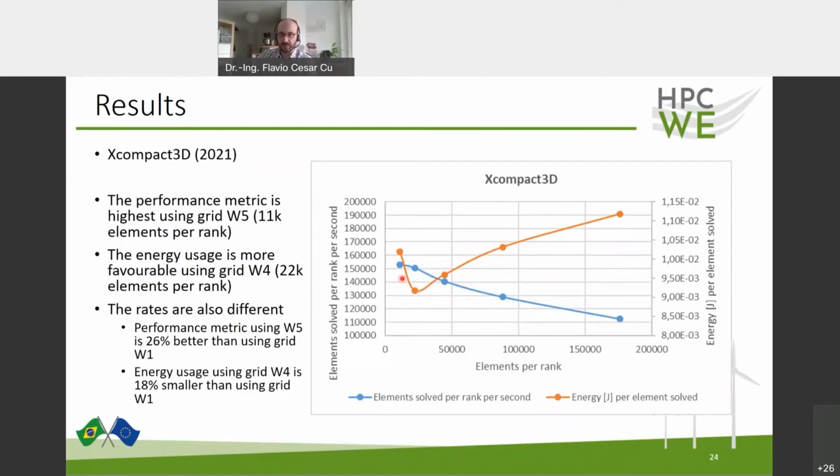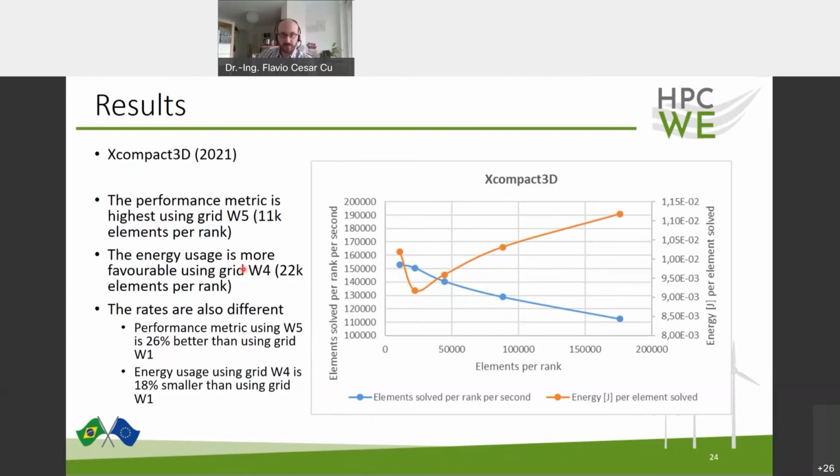That's a bit different from the figure when using the Hawk supercomputer, where the blue curve had a maximum and then dropped when we decreased the number of grid elements per rank. In this case, the best performance metric was when using the least amount of grid elements per rank.